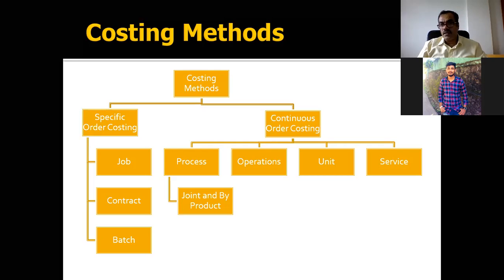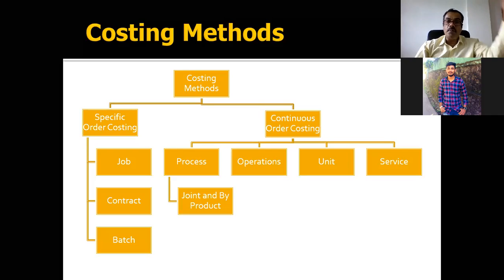Unit and services: continuous order costing may take place in particular units or departments, or maybe with respect to a particular item, but to a great extent a particular department or unit continuously engaged in supporting something, say emergency services in a hospital. It's a continuous order costing system. Continuously, you are providing these particular services, so you must be ready on this, right?